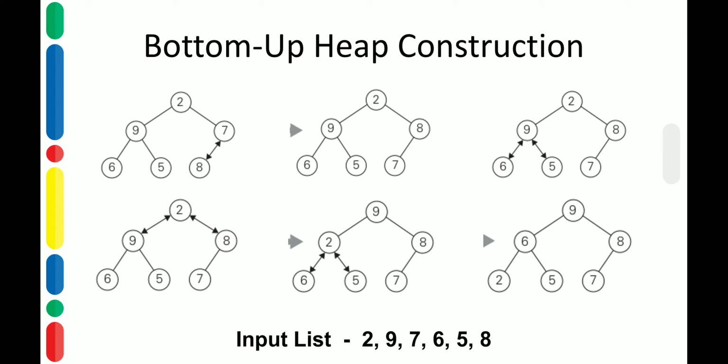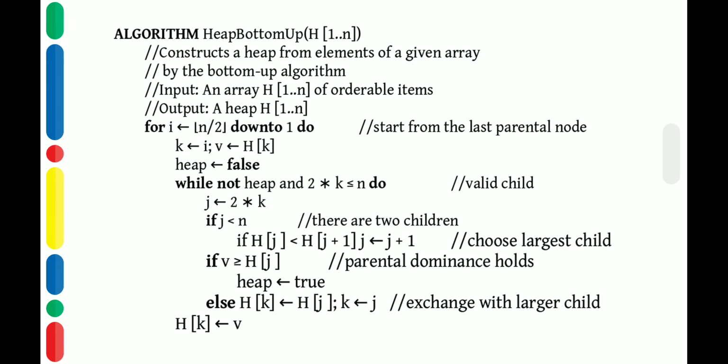For example, 7 and 8. First, 7 has been copied into a variable v. We write 8 into 7's position and later we set k to the value of j. So when we come to the k position, we write back v. This is how we are able to heapify an array which was not a heap.